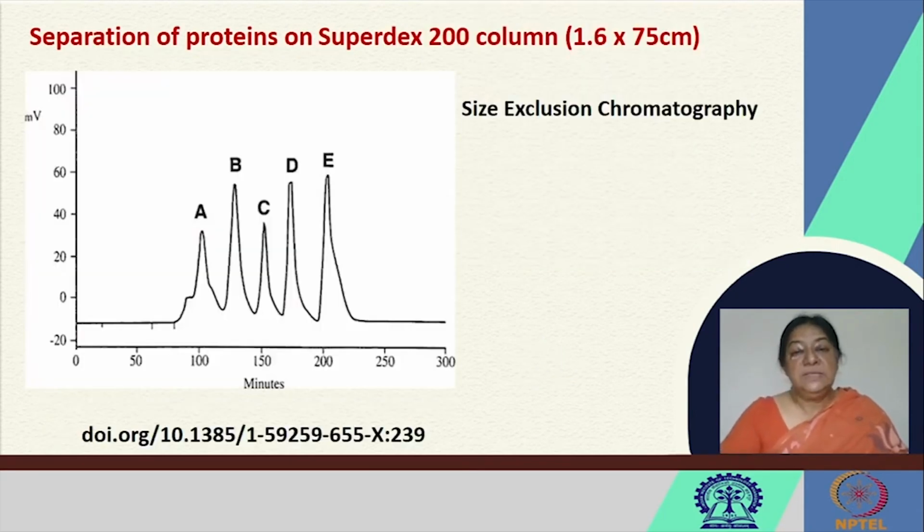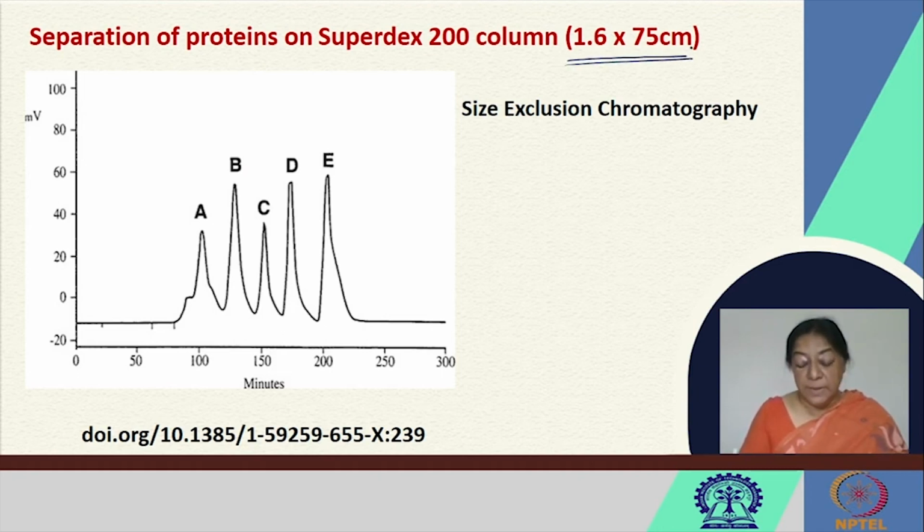In a typical size exclusion chromatography chromatogram, as it is called, if this is the column dimensions, we have 5 proteins here.